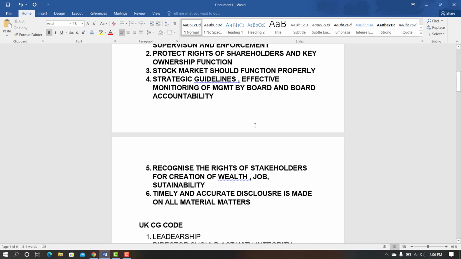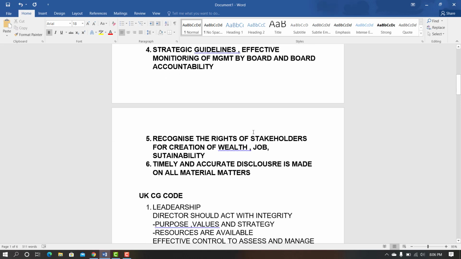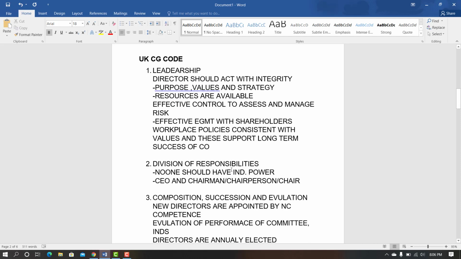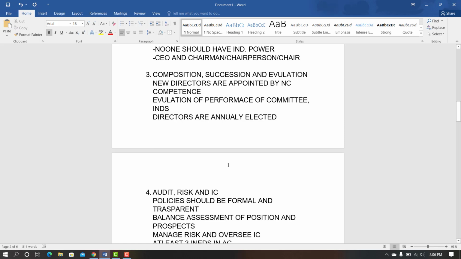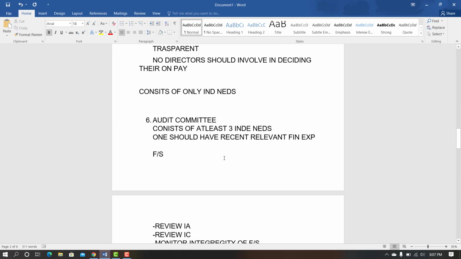There were 6 principles, and we looked at the corporate governance code. There were 6 principles under the CG code. Those were leadership, division of responsibilities, composition, succession and evaluation, audit risk and internal control, and remuneration committee, audit committee.